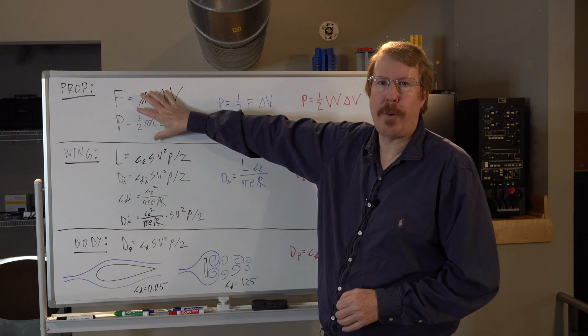The propeller needs to be attached to an aircraft that has minimum weight and has a minimum airspeed acceleration through the disc, which means the disc needs to be large. To minimize the induced drag for bearing our lift, we need to have a minimum aircraft weight and a minimum coefficient of lift, which means you have a large wing, so each bit of the wing only puts out a little bit of lift. That's a low coefficient of lift. And we need to have a high aspect ratio, long and thin wing. And for our parasite drag, we need to have a minimum drag coefficient, which means it needs to look like this.